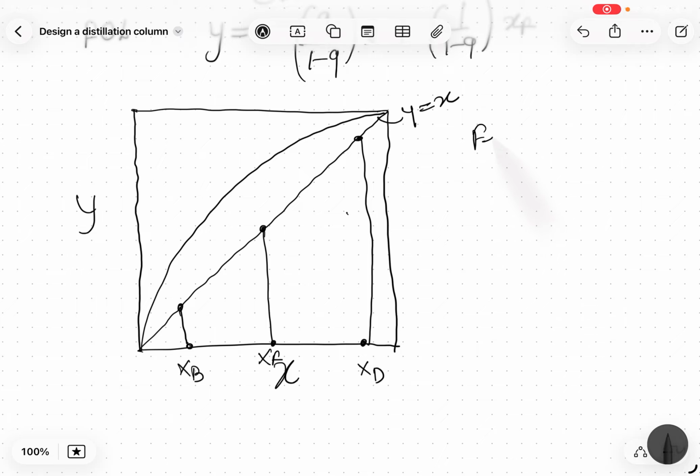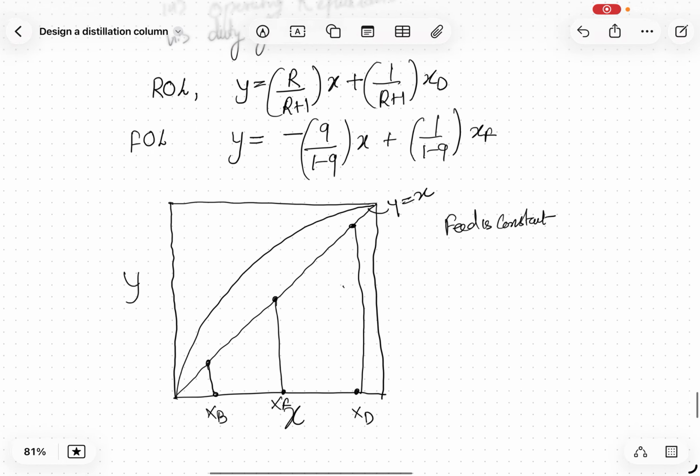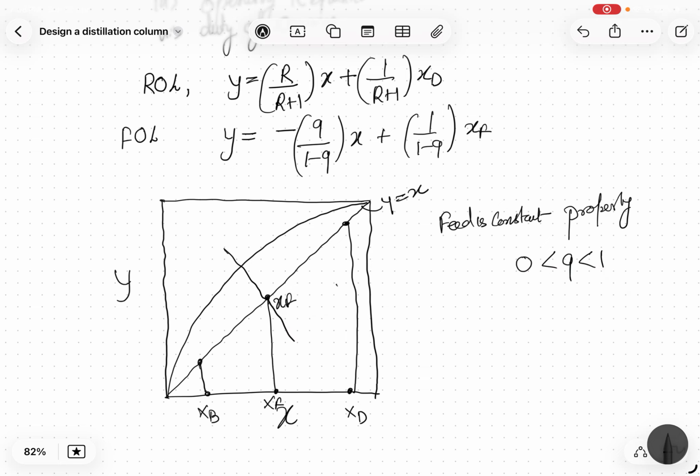Now feed is constant, which means the property of feed is constant. Hence xf will be here. From this point there is a line passing at a slope of minus q upon 1 minus q, somewhere between these. I am assuming q is between 0 and 1.